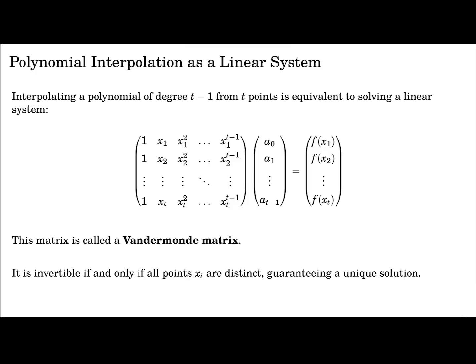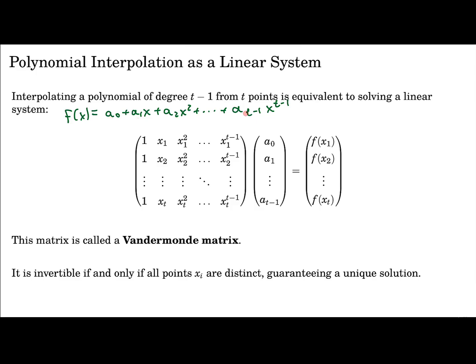And so, of course, we can write that as f of x equal to a0 plus a1x plus a2x squared all the way to a t minus 1 x to the t minus 1, right? And so the unknowns for us are these coefficients here.